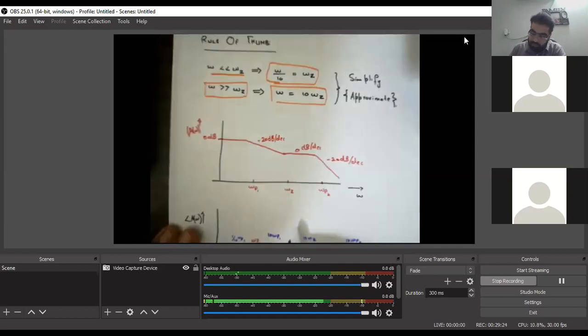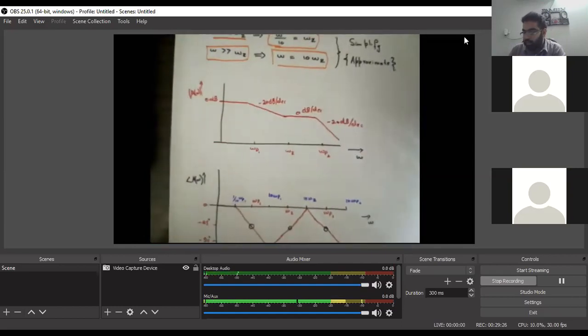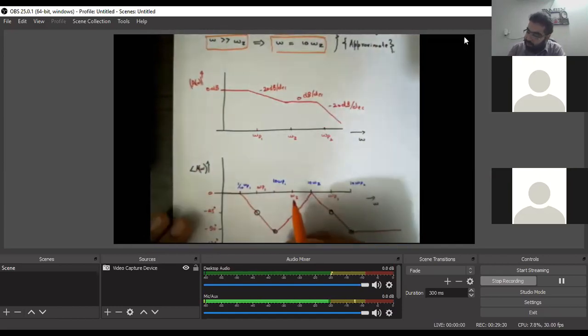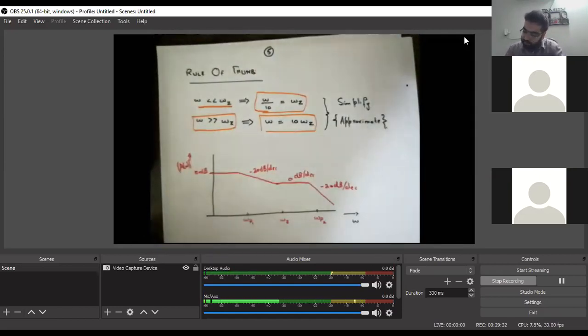So just to mimic both things together, this was our magnitude plot, which we just did. Let me write the expression for which we are doing here.